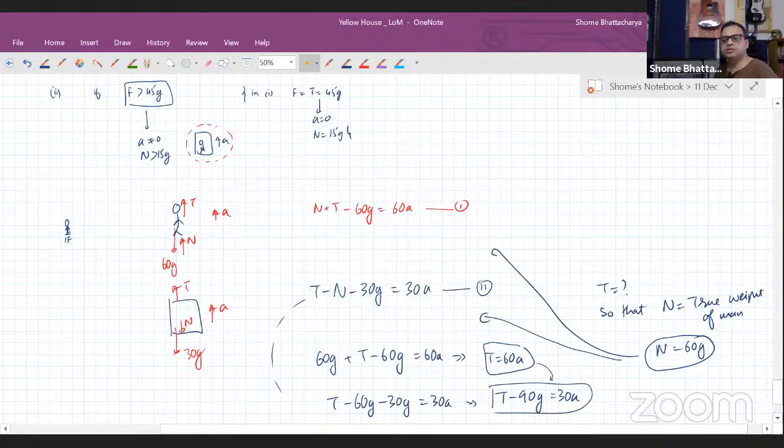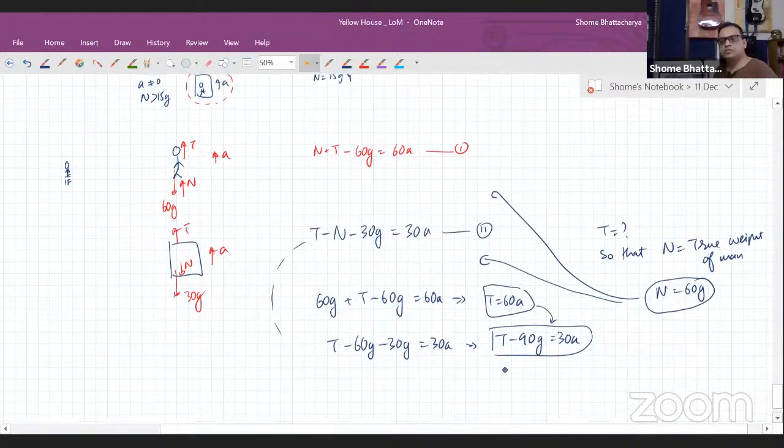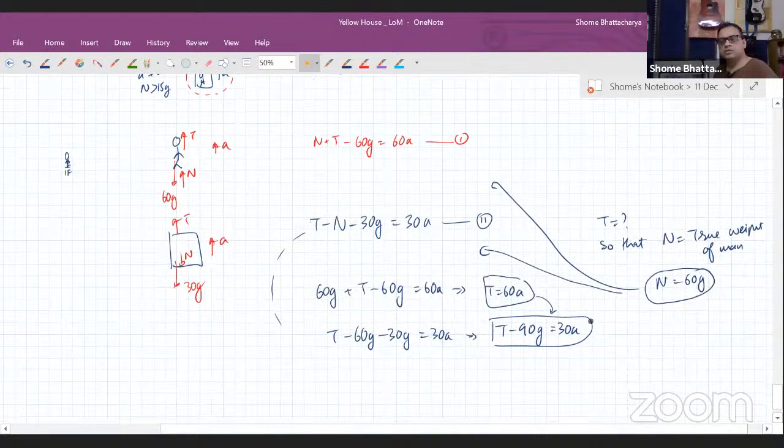So that becomes this equation. Now substitute this here. We can substitute 30 A as T by 2.